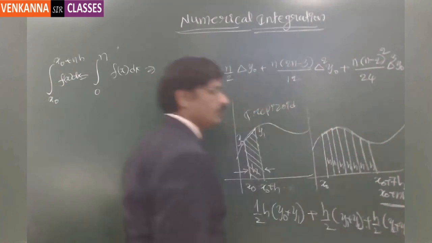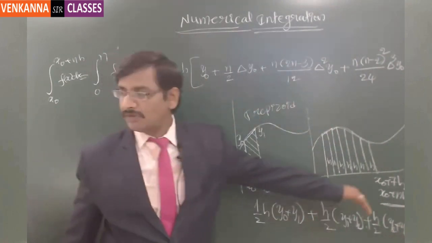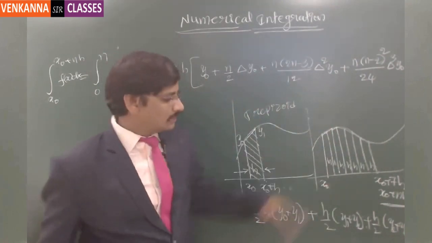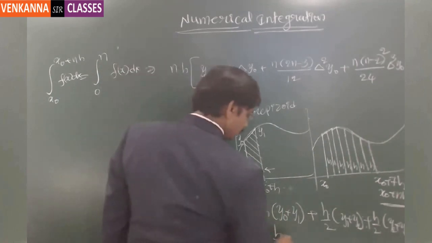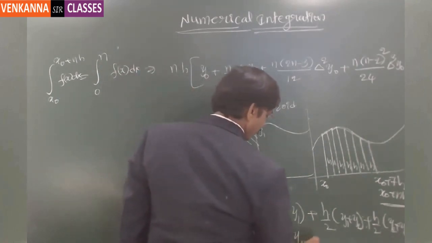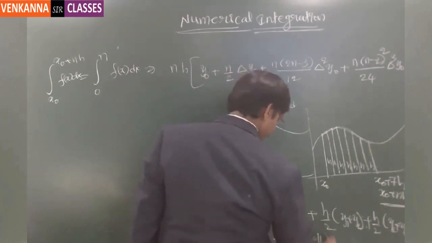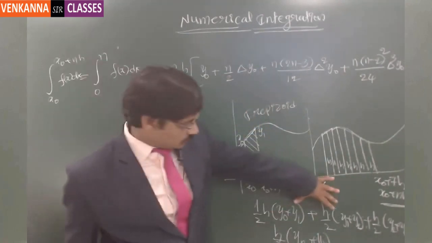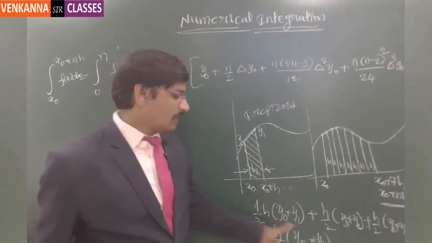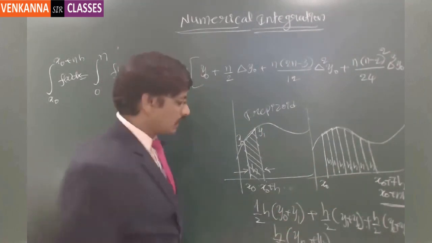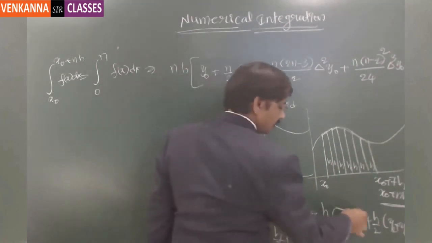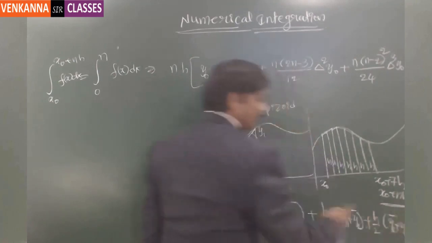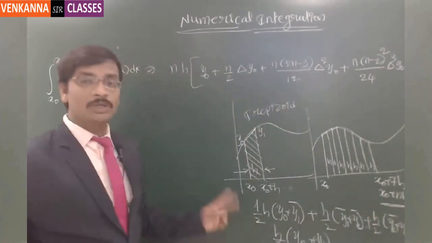Whatever the number of intervals, the last one is h by 2 times (yn minus 1 plus yn). Now if you add all these together, y naught and yn come only once, and the rest of the values, this y1 and this y1, this y2 and this y2, come out as 2 times.